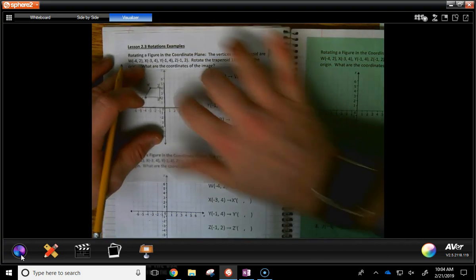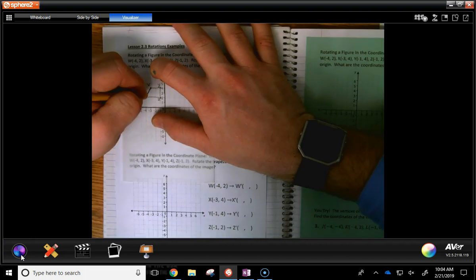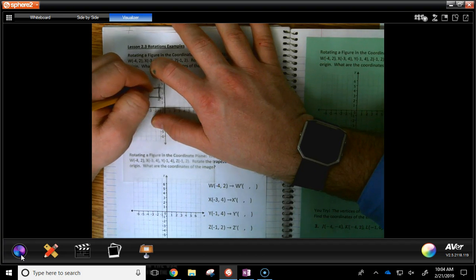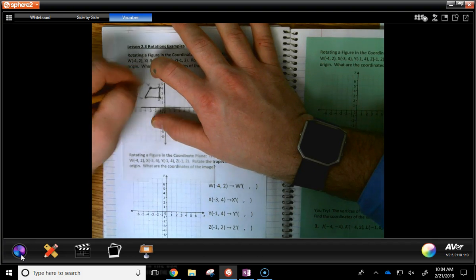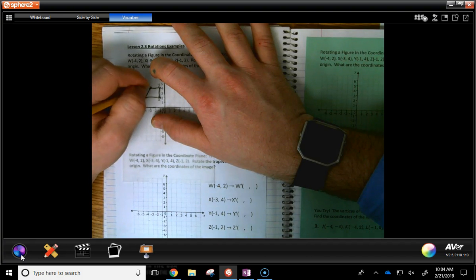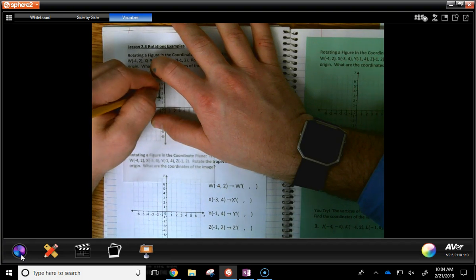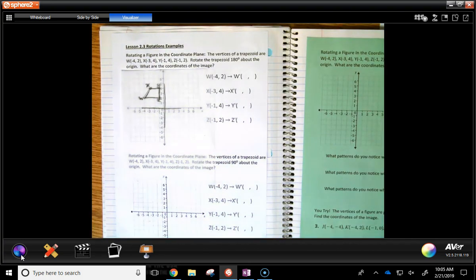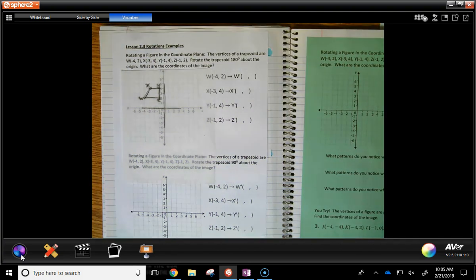And I need you to trace our trapezoid. This tracing paper is really helping us. Okay, so I've traced mine. I should be seeing everyone trace theirs.